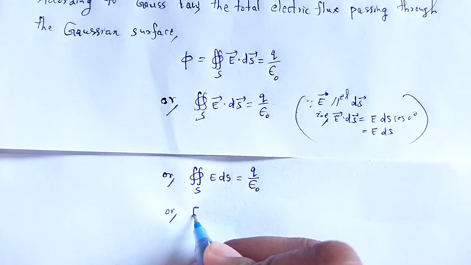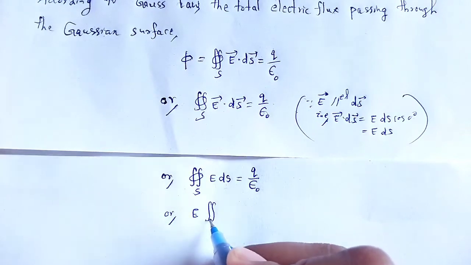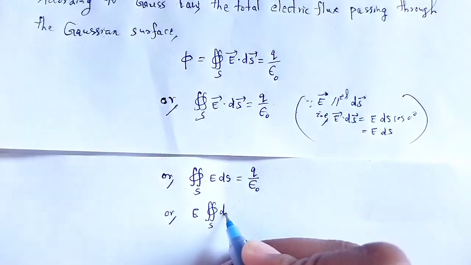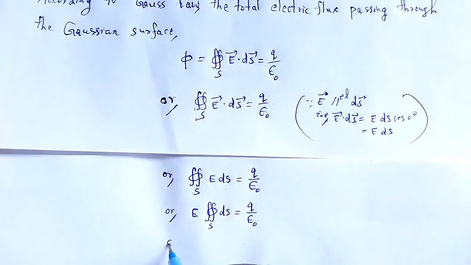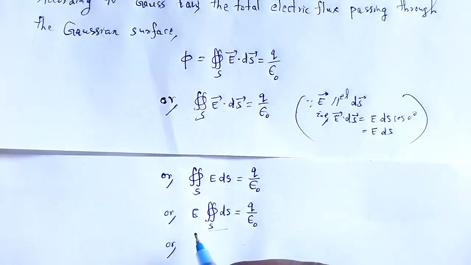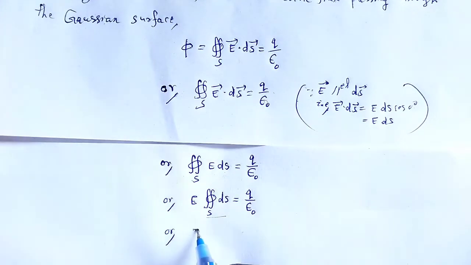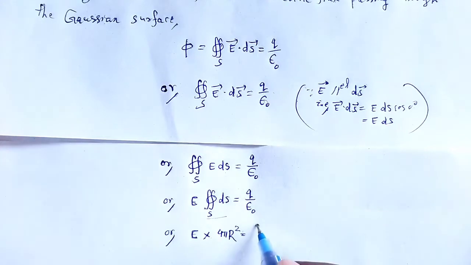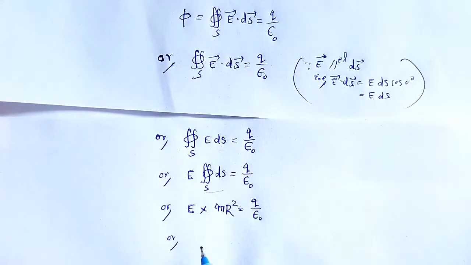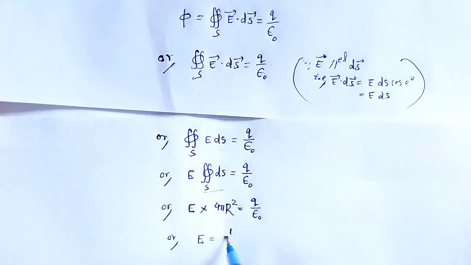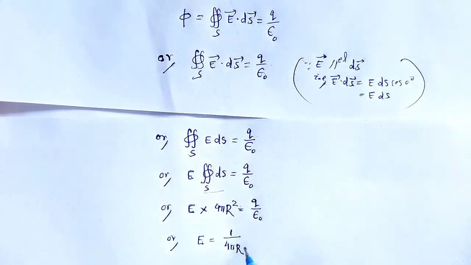The total surface area is 4 pi R square, so E into 4 pi R square is q divided by epsilon naught, or E is equal to 1 by 4 pi epsilon naught, q divided by R square.